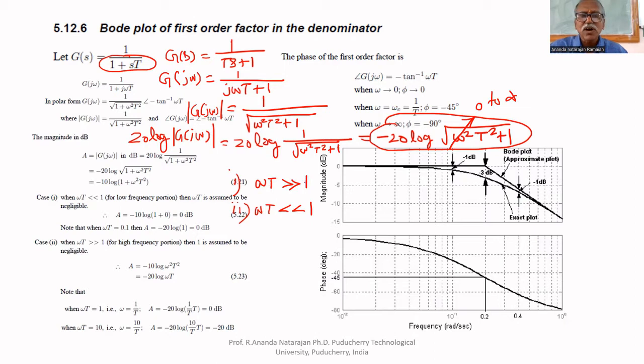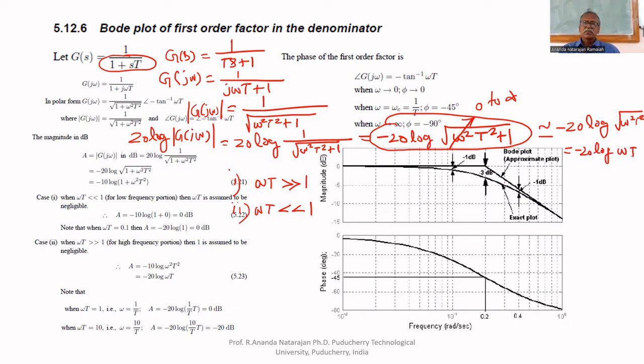If omega tau is far greater than 1, the 1 is negligible. If omega tau is 1000, then 1 is negligible. Therefore, this can be written as minus 20 log square root of omega square tau square, that is equal to minus 20 log omega tau.